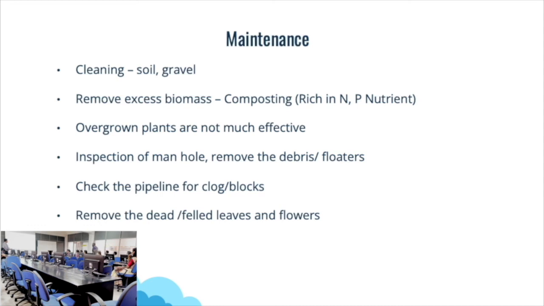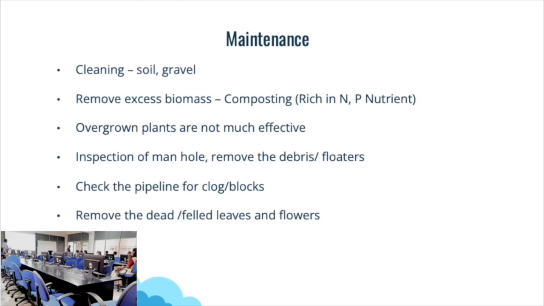So when the plants are mature, we have to harvest them and remove the harvested plants from the system, and we can use them for composting. That is why we mention that overgrown plants are not very effective, because at the growing stage plants absorb more pollutants from the water. So we have to cut or harvest the plants when they mature.